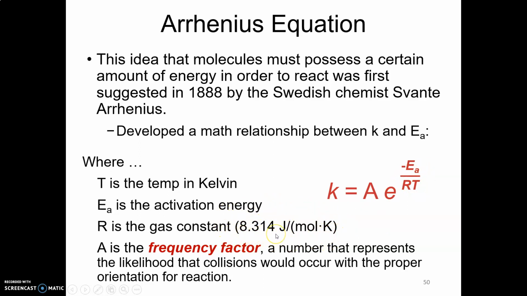This is not 0.08206 liter atmosphere per mole Kelvin. This is 8.314 joule per mole Kelvin. But if you remember, I taught you a conversion factor between liter atmospheres and joules when we did the thermo chapter, right? Because work was equal to negative P delta V, and that was a pressure times a volume, so you ended up getting a liter atmosphere, and then you multiplied by a factor to turn that into joules.